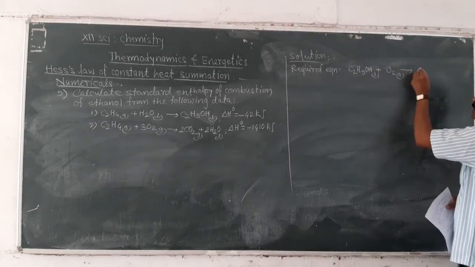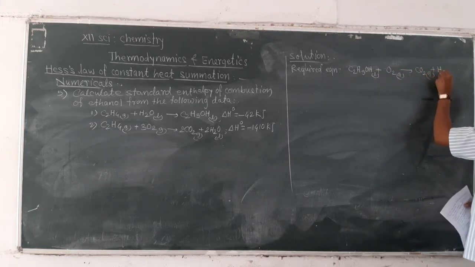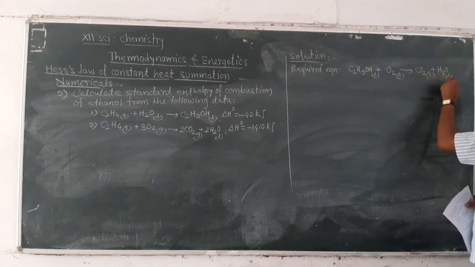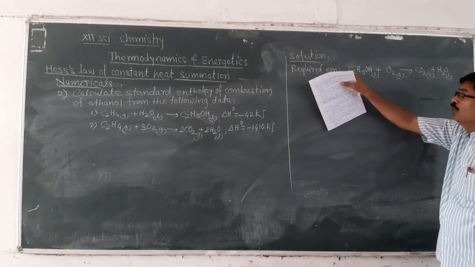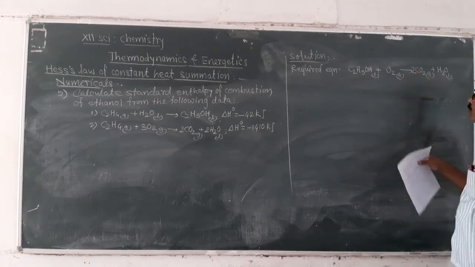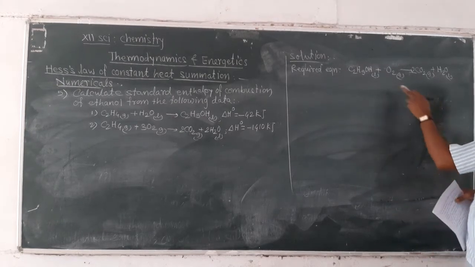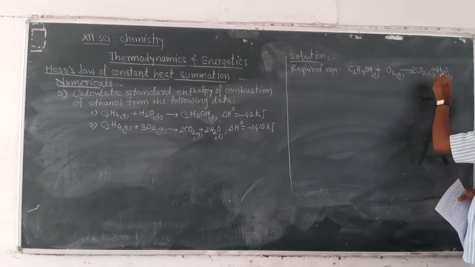On combustion it forms carbon dioxide gas plus H2O liquid. This is the rough equation. Now in the ethanol molecule 2 carbon atoms are there, so you write 2 CO2; 5 plus 1, 6 hydrogen atoms means 3 H2O molecules.